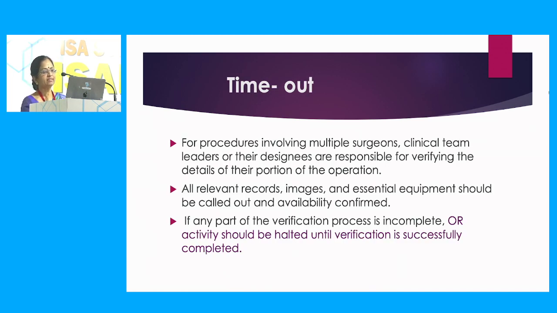If multiple surgeons are involved in the team, clinical team leaders are responsible for verifying the details of their portion of the operation. All relevant records, images are to be displayed, and if any part of the verification process is incomplete, OR activity should be halted.